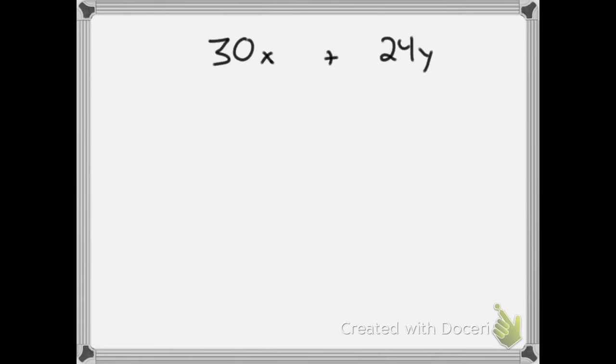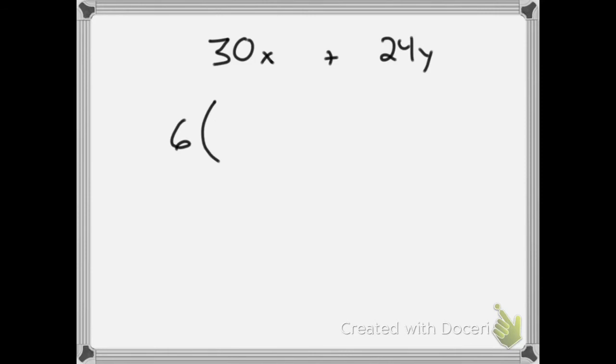All right, let's look at one that's slightly more difficult. So we have an x and a y. They are not common, so we're going to have to talk about that when we move into factoring our numbers out. Now we know that we could use 2 to factor out of 30 and 24, but we want to use our largest possible number, which in this case is 6.